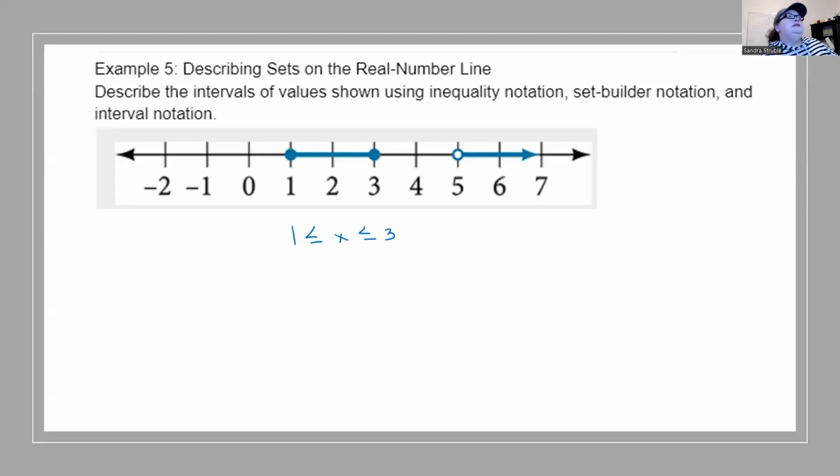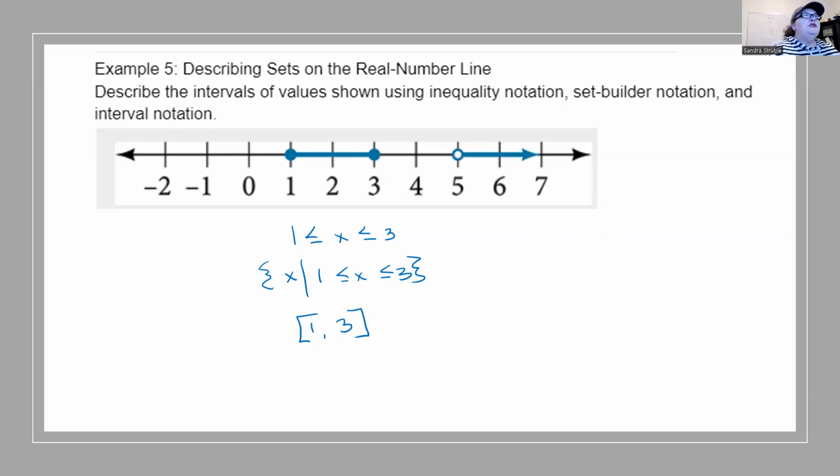For the set builder notation, it's the same thing, but you put it in a set. X is what we're utilizing, and then we rewrite 1 less than or equal to x less than or equal to 3. And then the bottom one is interval notation. 1 is included and 3 is included.